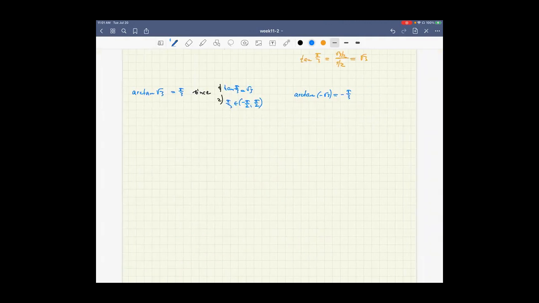Let's check that arctangent is an odd function. That is, arctangent of -x equals negative arctangent x for any x in the domain of arctangent, which is the entire real line.